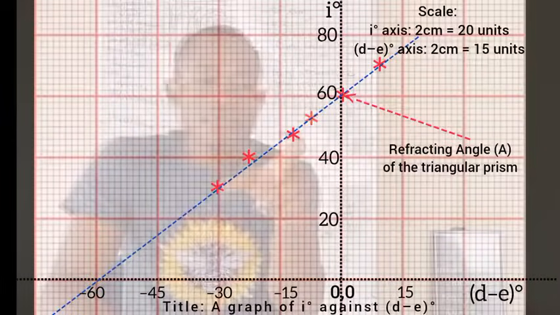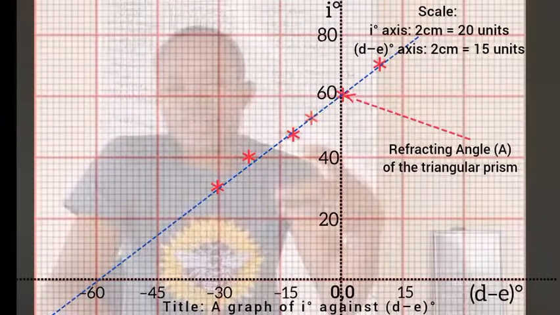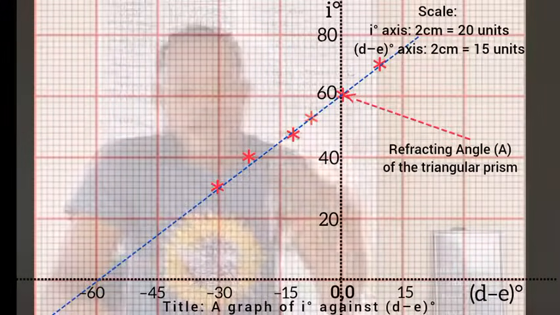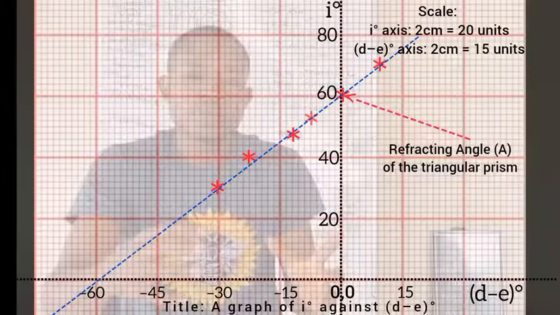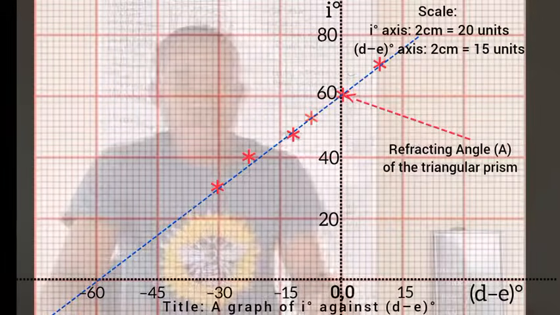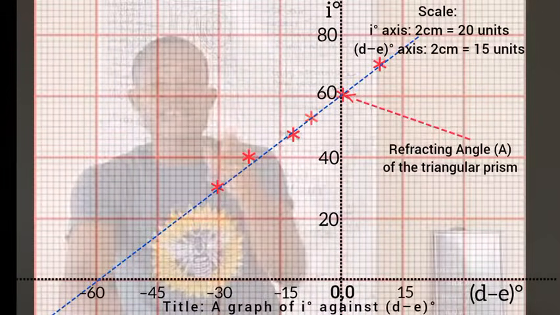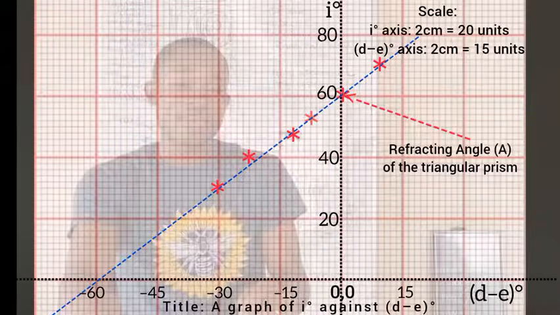In fact, in the experiment, when I was teaching you how to measure your angles, I measured the refracting angle of the triangular prism I used, and it was 60 degrees.